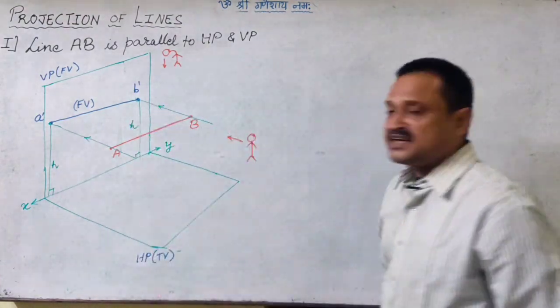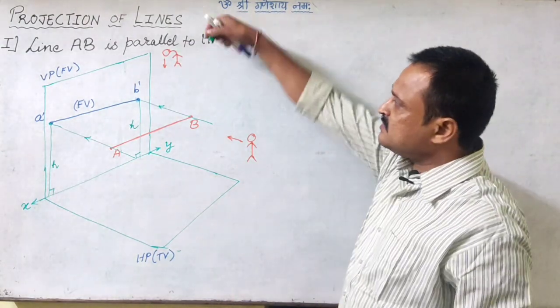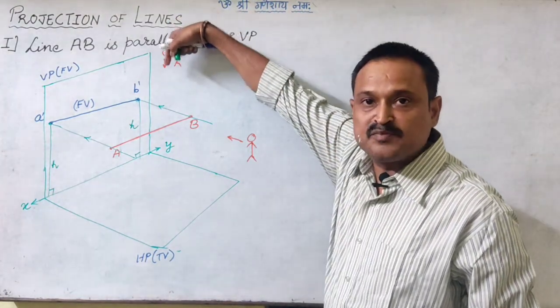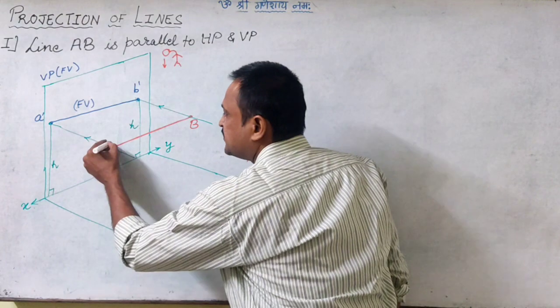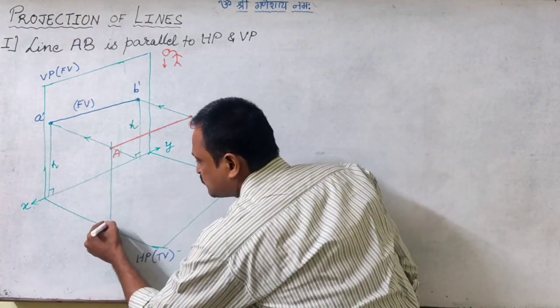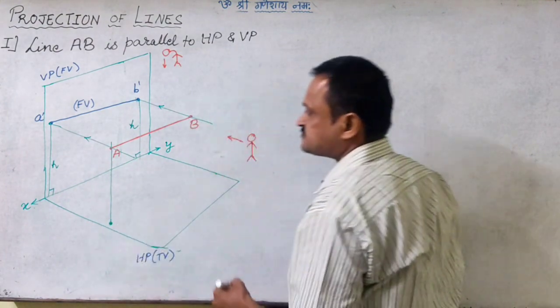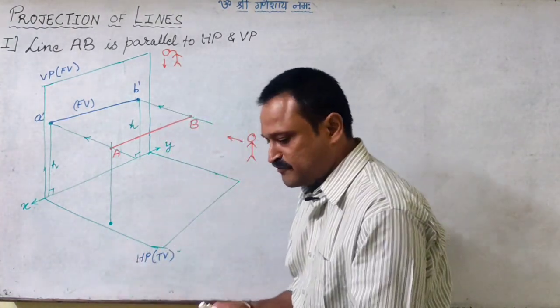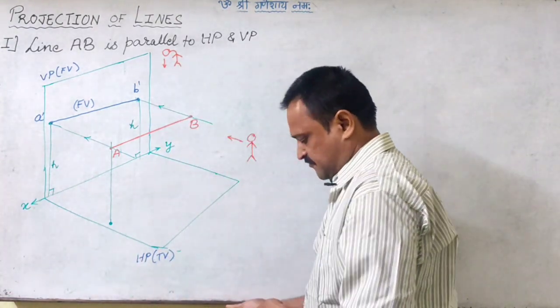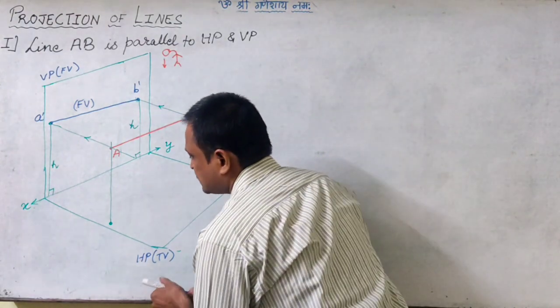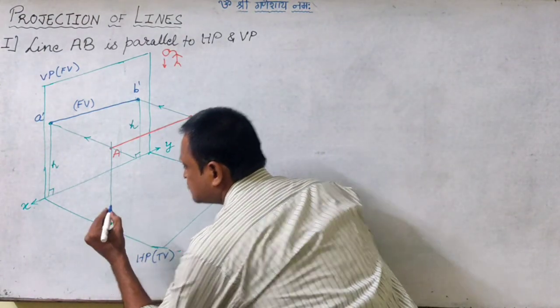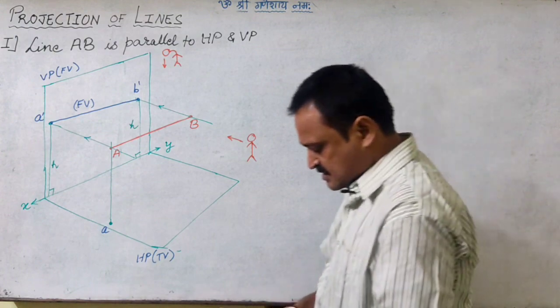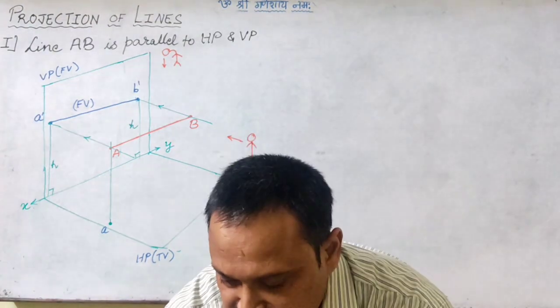Now, the second image is the top view image. So we will be looking at the line from the top. Now we will drop the projector from A. Wherever it meets the horizontal plane, there I will get the top view image of A as small a, right?